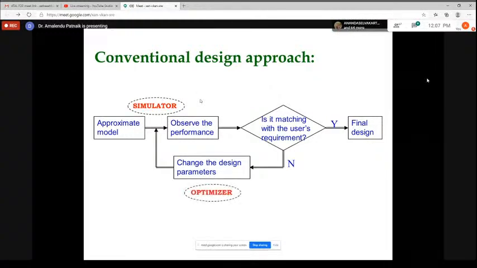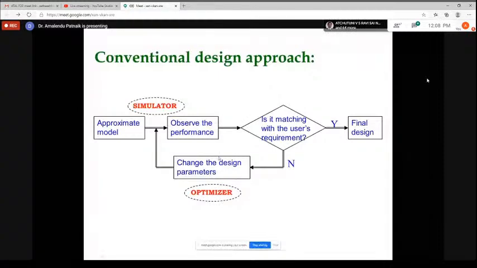And mathematically, each time we are changing these parameters, basically we are applying an optimization process at this point.